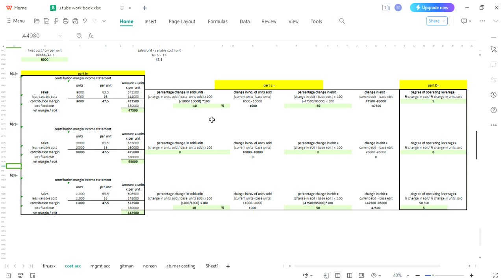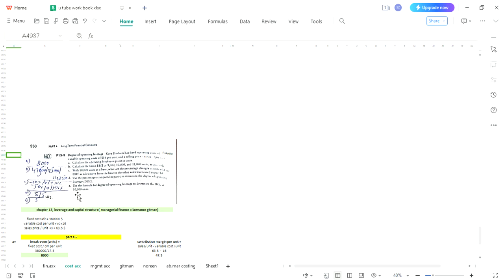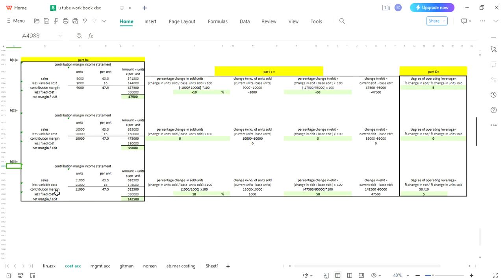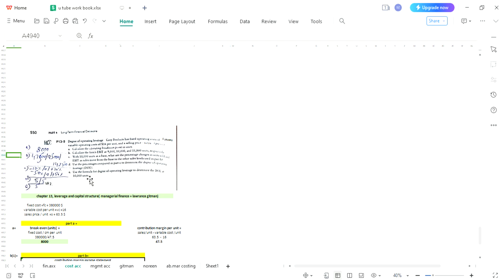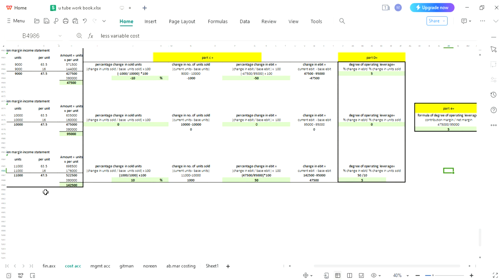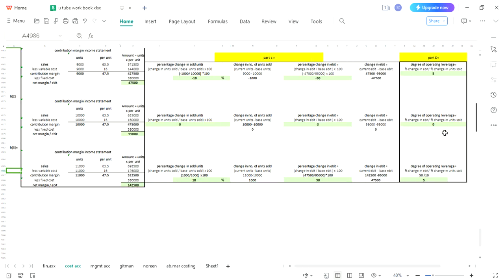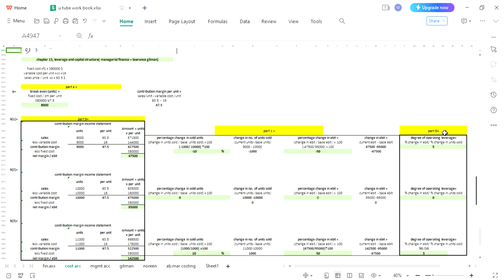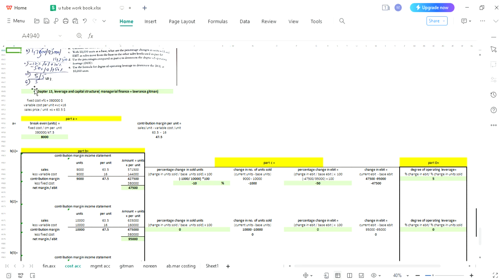These are the 6 answers for part C. For part D, we had 2 answers, 5 and 5, and this 0 was additionally calculated just to help you understand. And then finally for part E we have only one answer. The final answer was 5, and this was written over here. This was your last answer, 5.